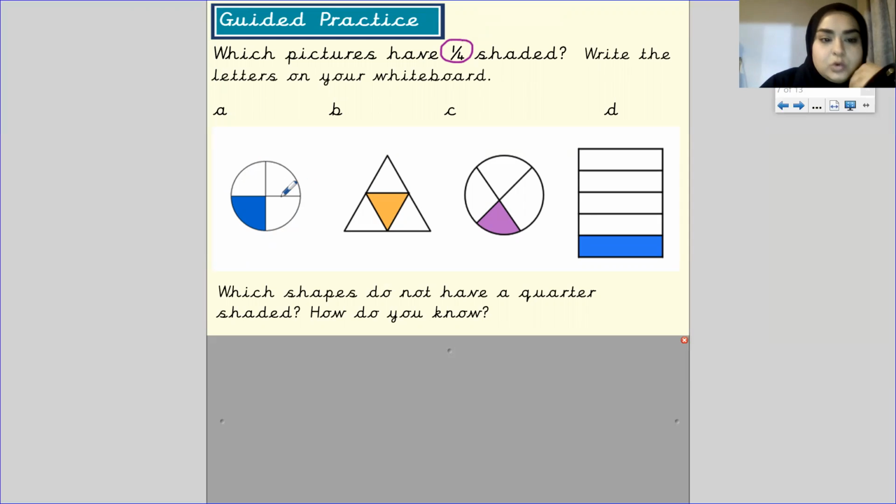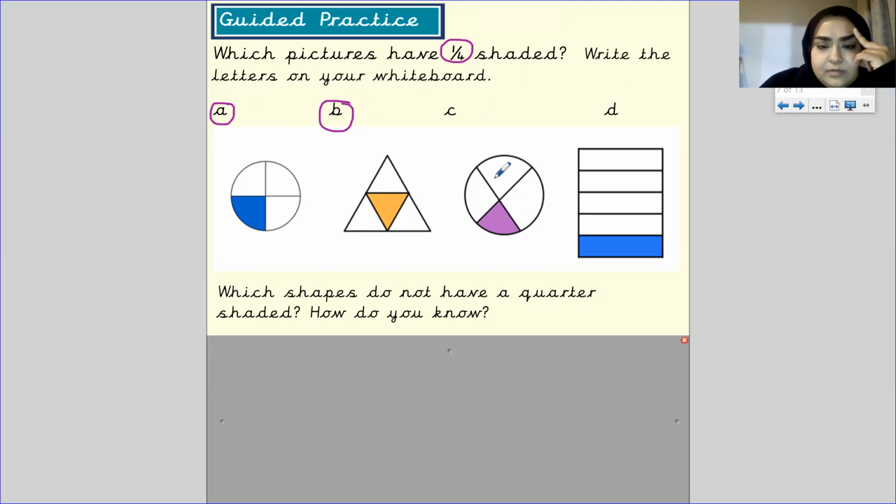Okay, it's equal. So fantastic. If you've written A, it is correct. Now, if you look at my triangle here, I have 4 equal parts. So 4 equal parts means 4 quarters, and 1 has been shaded in, and that is correct.